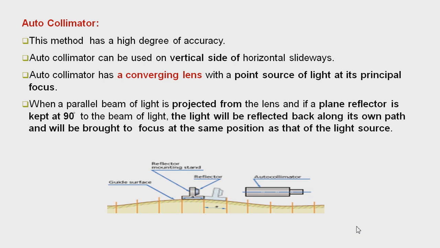When a parallel beam of light is projected from this lens, and if a plane reflector is kept at 90 degrees to the beam of light, the light will be reflected back along its own path and will be brought to focus at the same position as that of the light source. It means you will get the image at the same position where the object is placed.